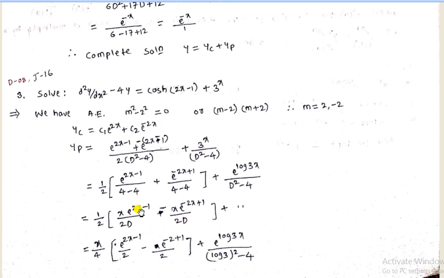Again substitute the coefficient of x as 2: 2 into 2 is 4. Again D value as minus 2, so minus 4 here. After simplifying we get the result. And in the second term we replace D by the coefficient of x, which is log 3. So (log 3) square minus 4 is the required particular integral. Then add the results of yc and yp.